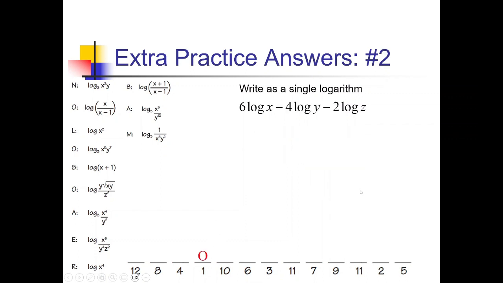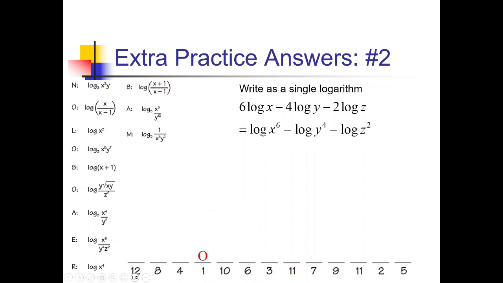For this next problem, we've got some subtraction going on. Before I worry about that, though, let me move my coefficients in as exponents with my pop-in rule. So we have log of x to the 6th, minus log of y to the 4th, and then minus log of z squared. Now, for these negative logarithms, subtracting a logarithm basically means dividing by whatever's inside if you move it all into one big logarithm.